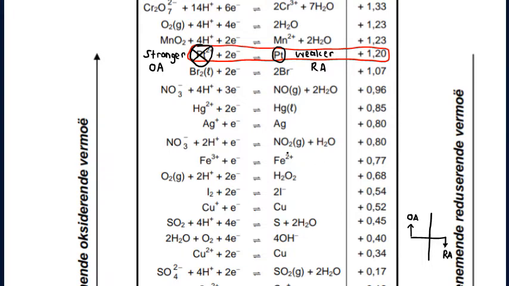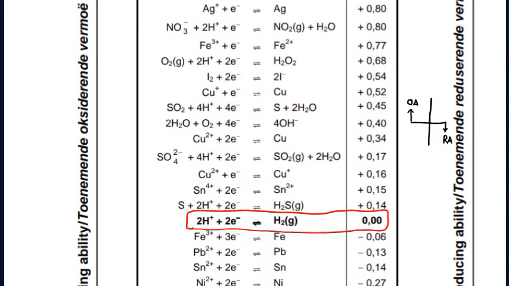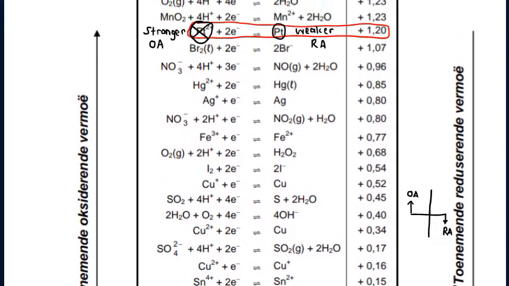So whatever else we pair this cell with, that's going to undergo oxidation so long as it's anything below platinum, because any species below platinum over here is a much stronger reducing agent compared to platinum.